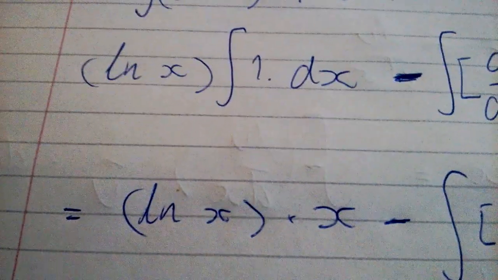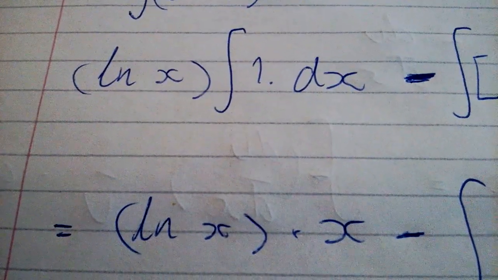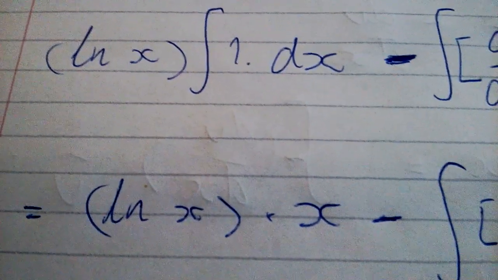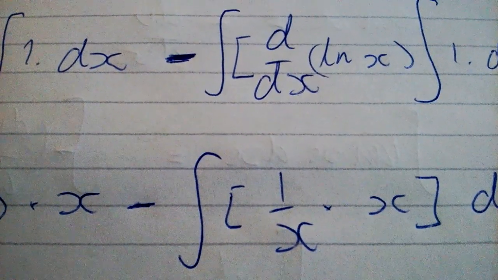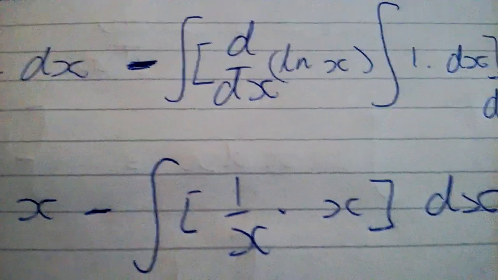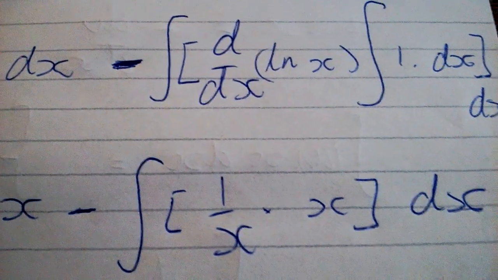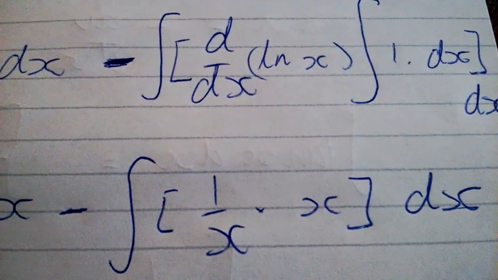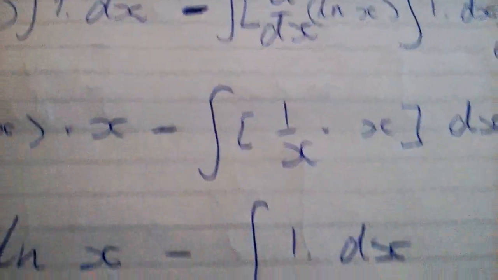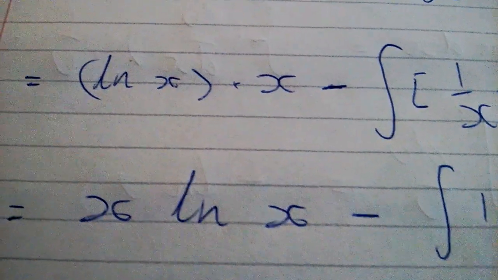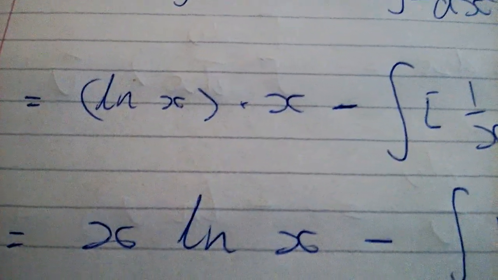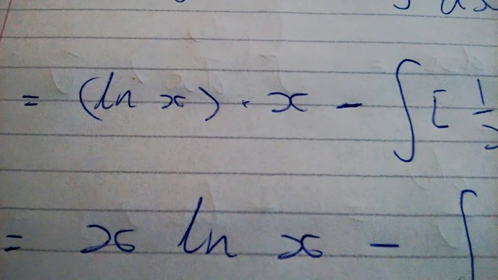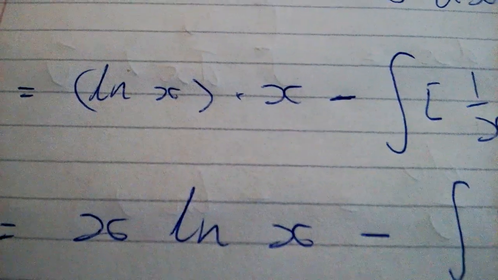So we've got ln x, and 1 just integrates to give me x. And then I've got the integral of the derivative of natural log of x, which is just 1 over x, and then 1 itself just integrates into x. So the two x's will cancel out. To make it tidier, I'm going to call it x ln x.